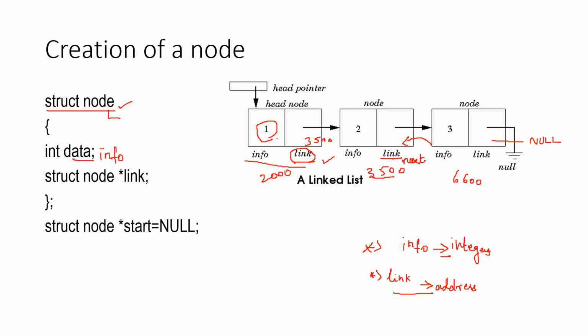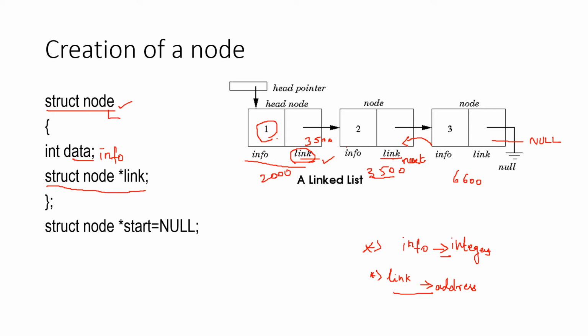Okay, and next, one thing, please refer to it clearly. This is a link, right? It refers to another node only. So definitely the data type of the link will also be a node only. That's why here we have written it as struct node asterisk link.